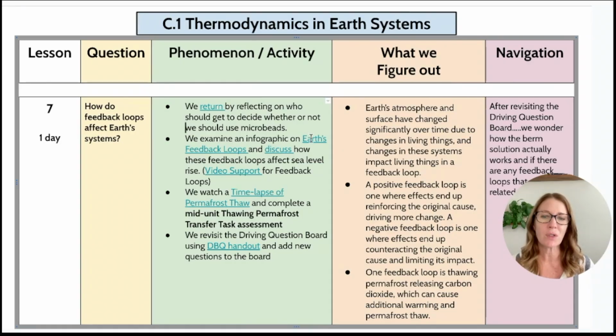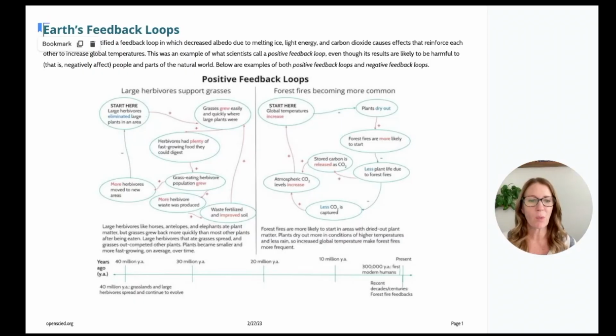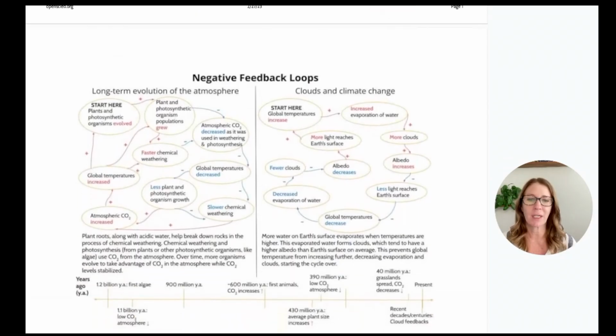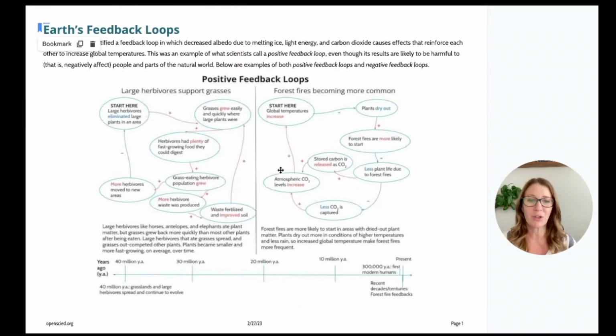And so we introduced this handout called Earth's feedback loops. Now, there's two things I want to point out in this handout. The first one is, well, you're going to have to adjust the format, but that you have positive feedback loops here. And then on the second page, you've got negative feedback loops. Now, I have had teachers say this is not how they've done feedback loops in the past, but I want to point out a couple things.